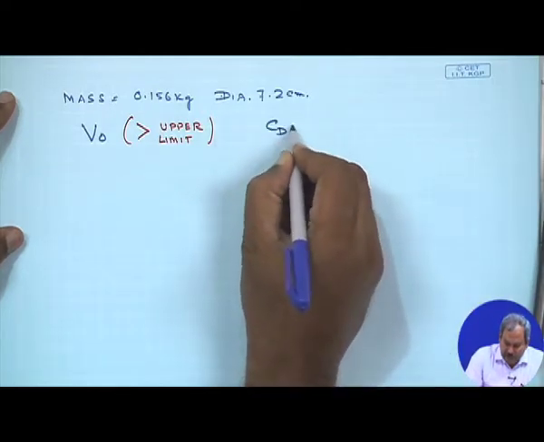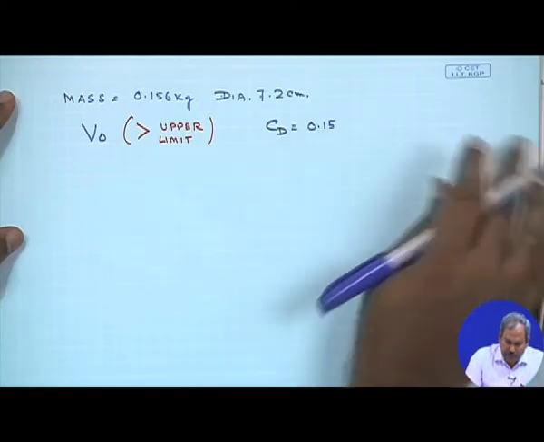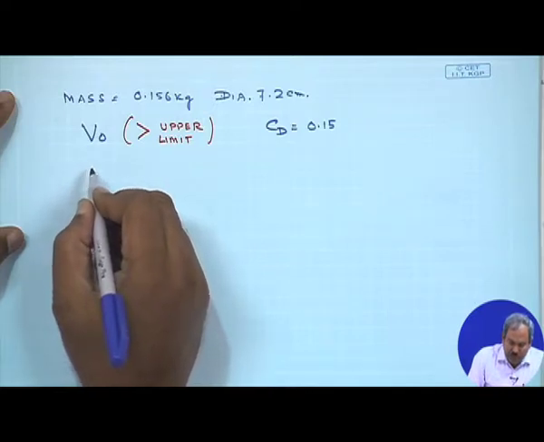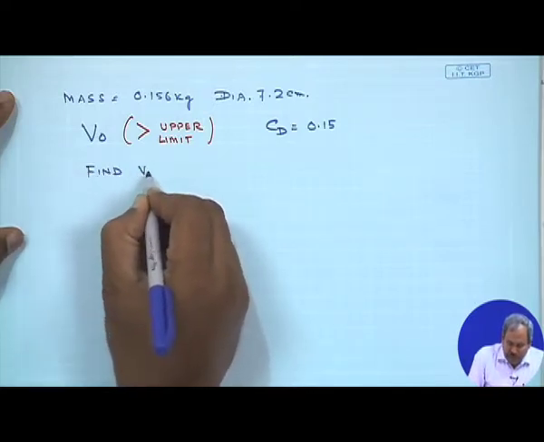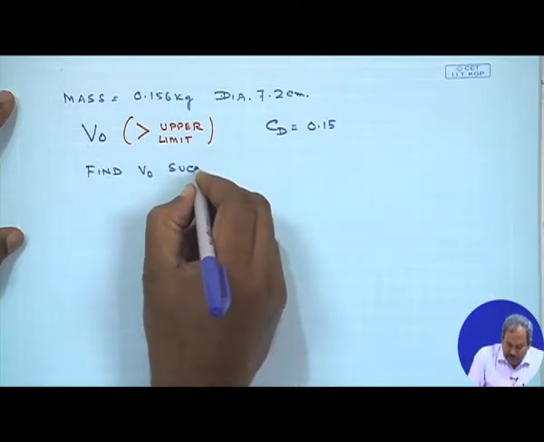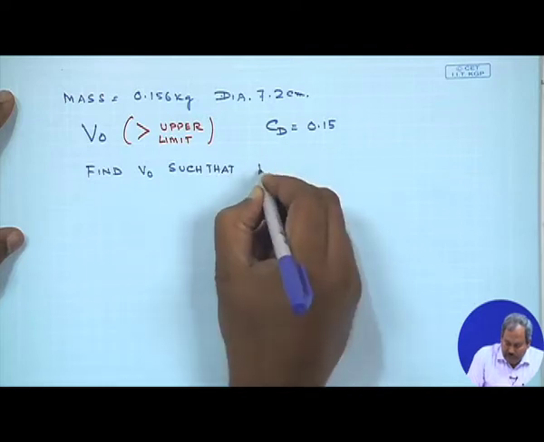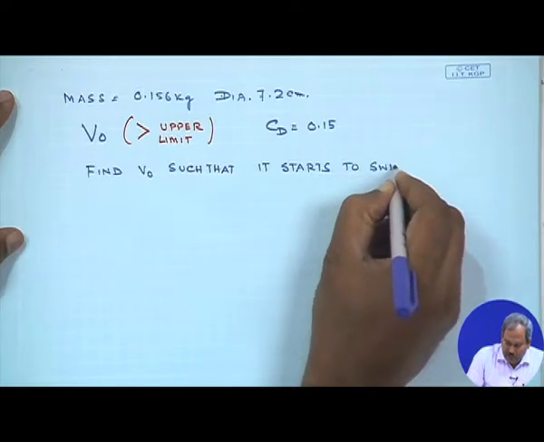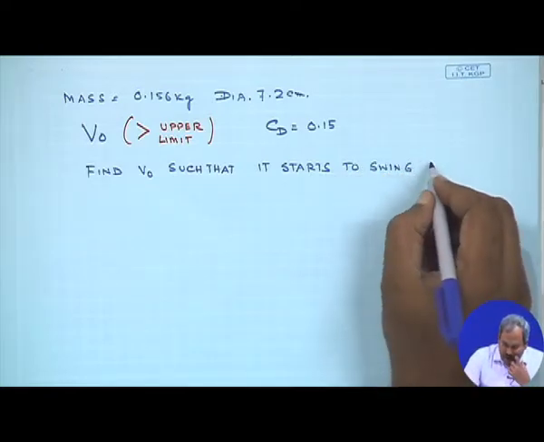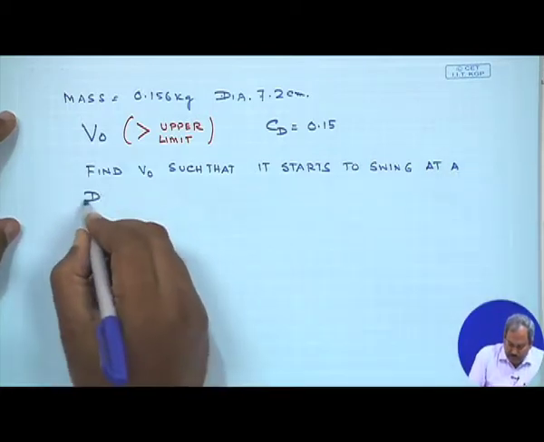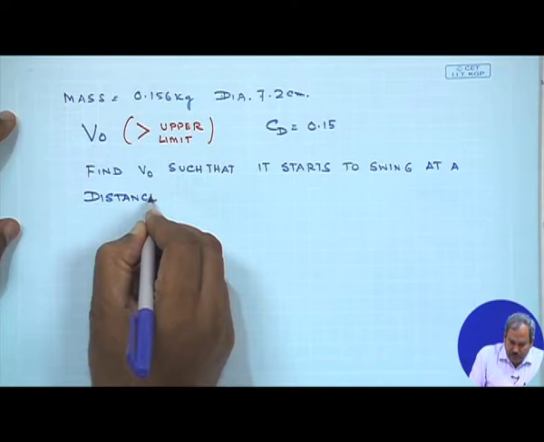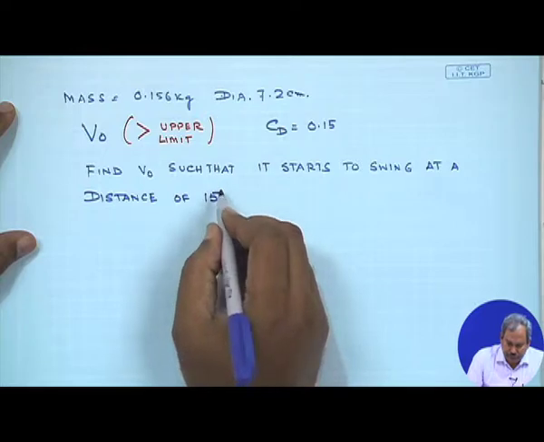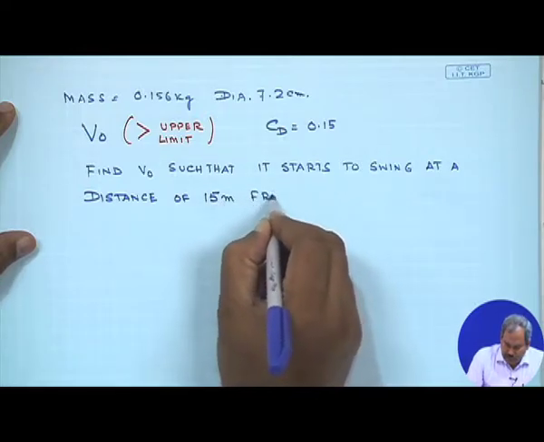The drag coefficient in this case is 0.15, which is provided, and you need to find the velocity V naught such that it starts to swing at a distance of 15 meters from the bowling end.